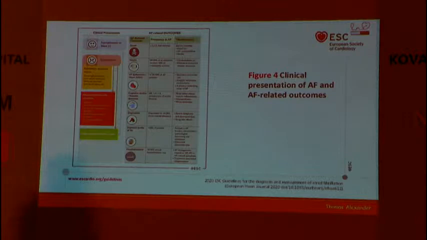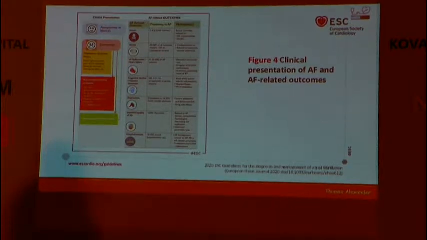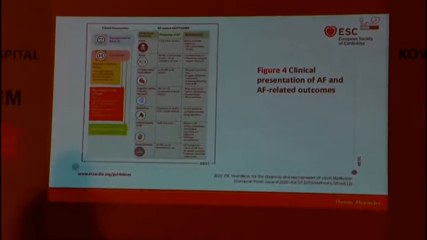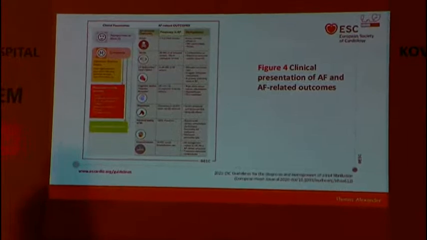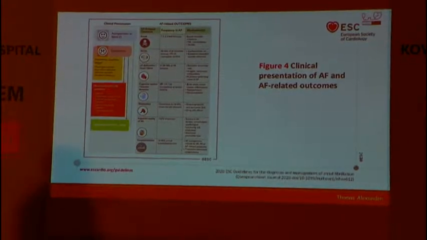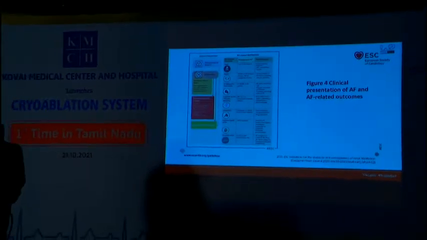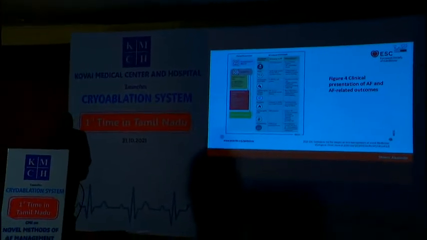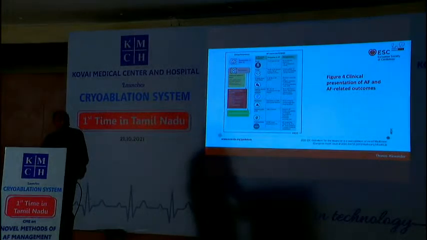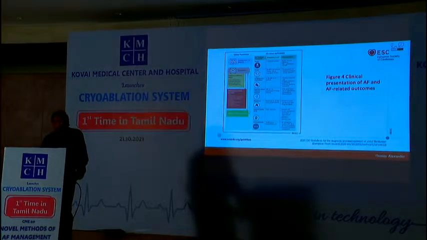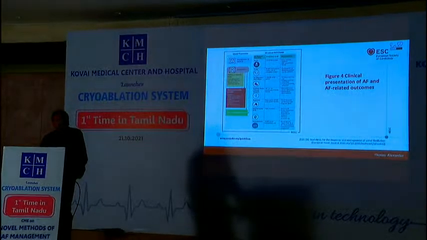They could be hemodynamically stable, but you do know that there are patients who become hemodynamically unstable, particularly those with LV dysfunction or patients with critical coronary disease. When they get into AF with a fast ventricular rate, you will find that many of these patients become critically ill.